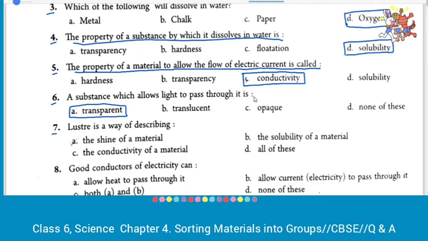Seventh one: luster is a way of describing the shine of a material, the solubility of a material, the conductivity of a material, all of these. Luster is a way of describing the shine of a material. Luster describes shining of the material.